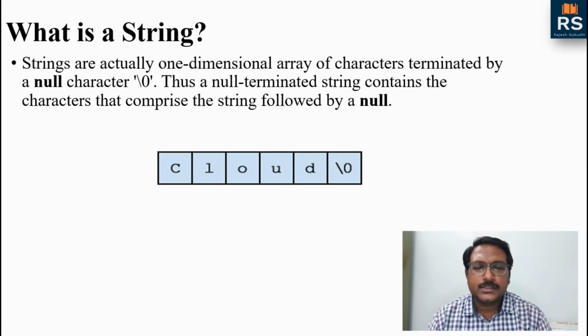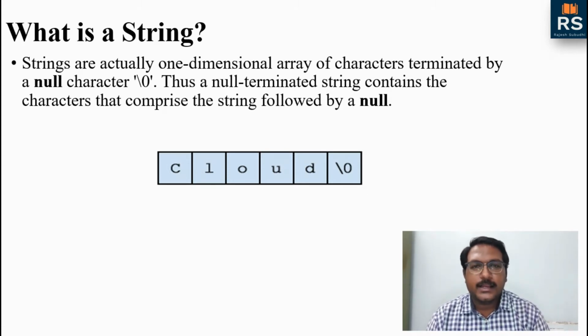As we already know about arrays, a string is a character array with a null character at the end of the array. Then only it will be called a string.